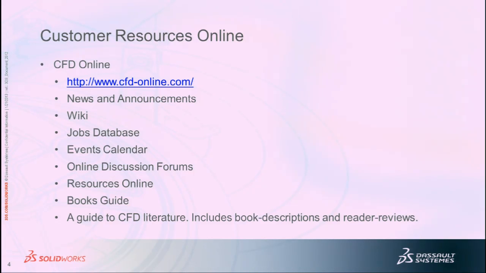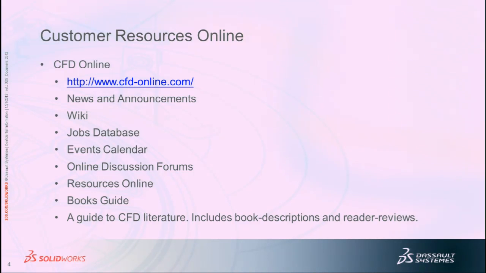A lot of times people ask me, where can I get information about CFD in general? A site that I also use, and that I know a lot of other CFD engineers use, is the blue site, cfd-online.com. They have a wiki that gives a lot of general descriptions about the Navier-Stokes equations, if you're interested in the actual equations solved with Flow Simulation, which is a full computational fluid dynamics software package.